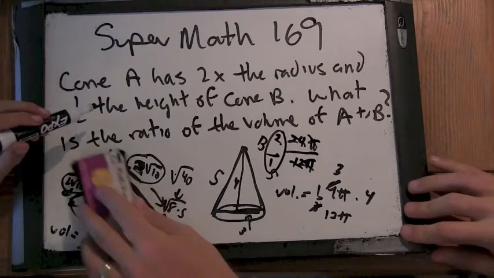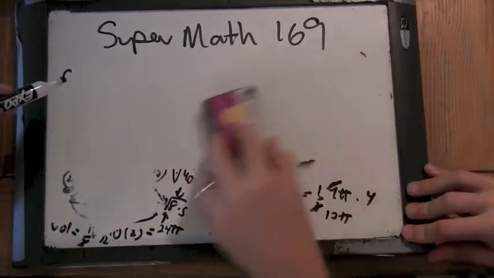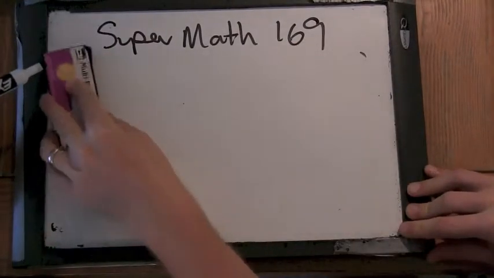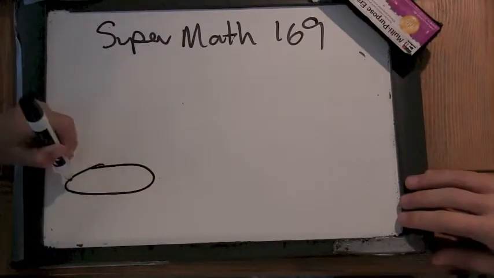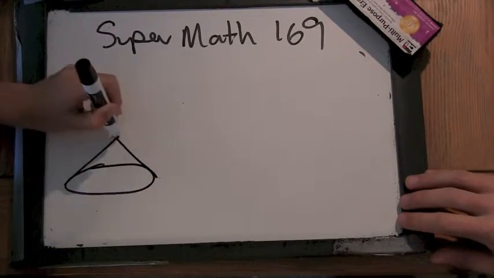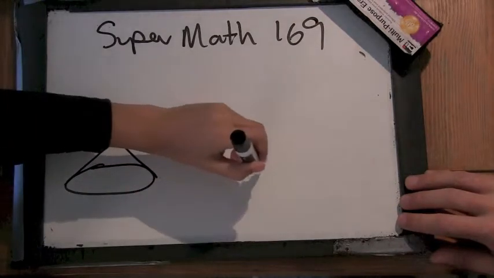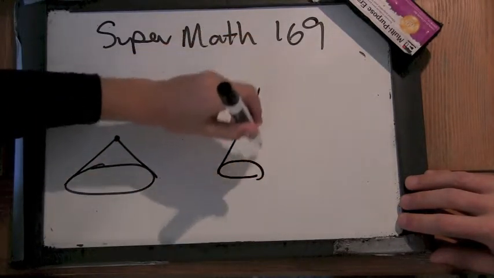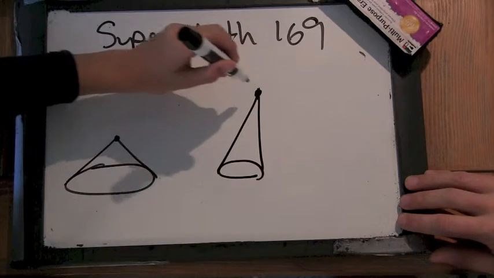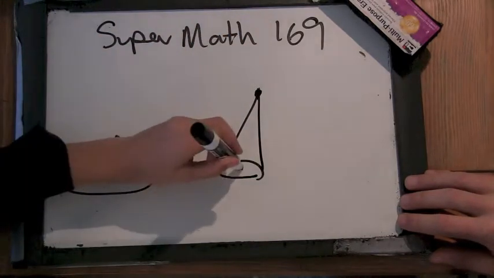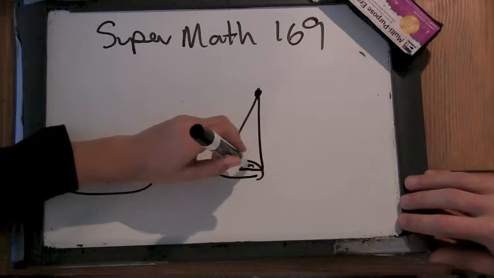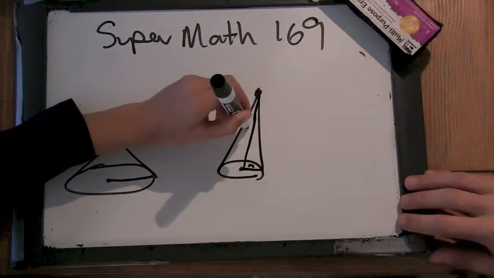Good job. And now, let's see if we can work it out in general. Okay. So, draw your first cone. And what do you want to call R and H? You can pick either one to call R and H. Whatever you want. That's R, and that's H. Okay.